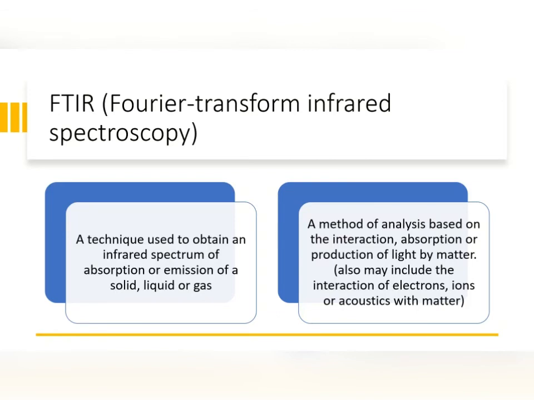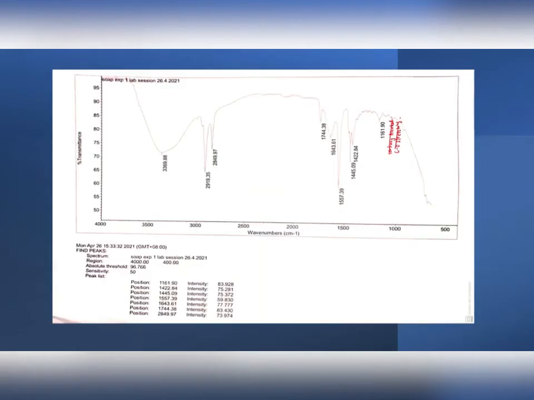It is a technique used to obtain an infrared spectrum of absorption or emission of a solid, liquid, or gas. It is also a method of analysis based on the interaction, absorption, or production of light by matter. It may also include the interaction of electrons, ions, or acoustic waves with matter.